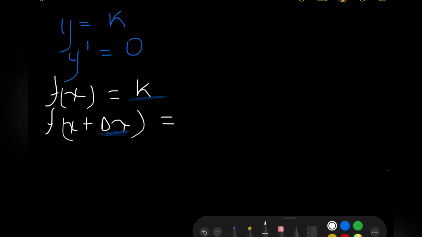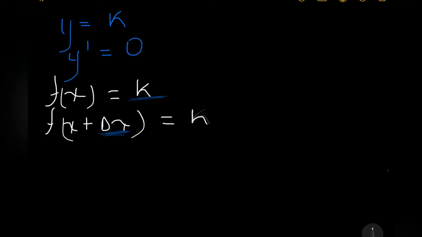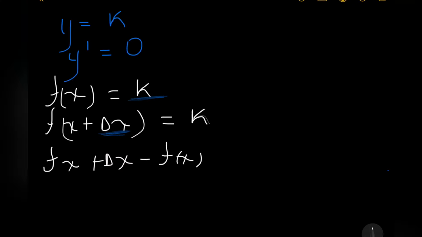So at this stage, we will still have a k. Our next step is to subtract f of x from what we have here and divide that by the small change in x. So we're going to have f of x plus delta x minus f of x, all of this over delta x.